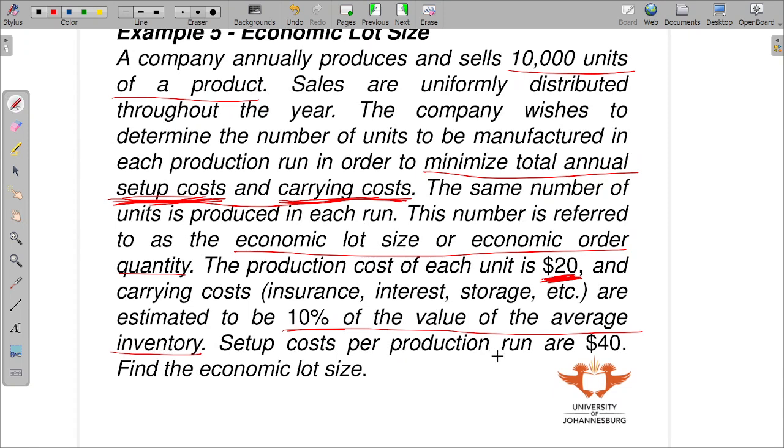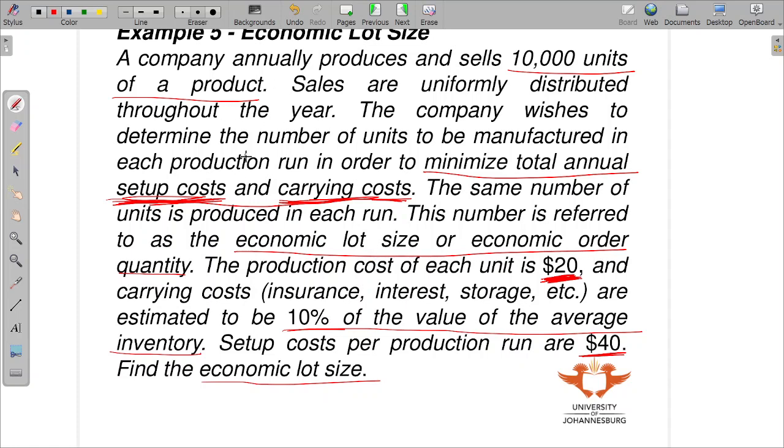Setup cost per production run is $40. Find the economic lot size. Don't forget, the economic lot size is the same number of units produced in each run.